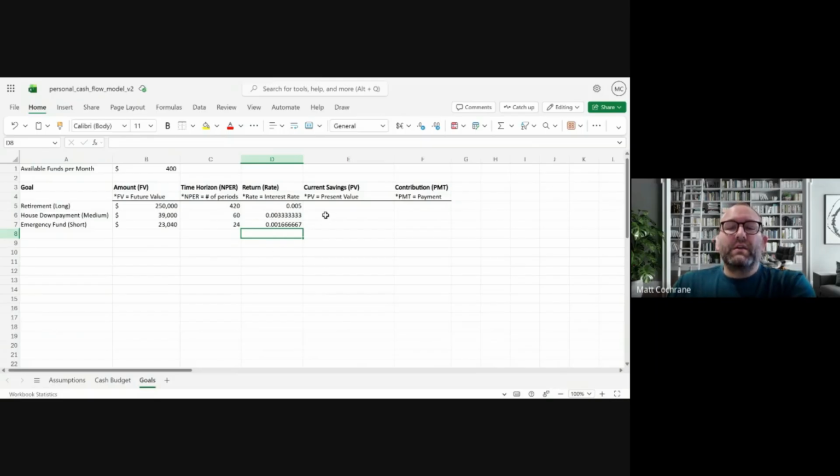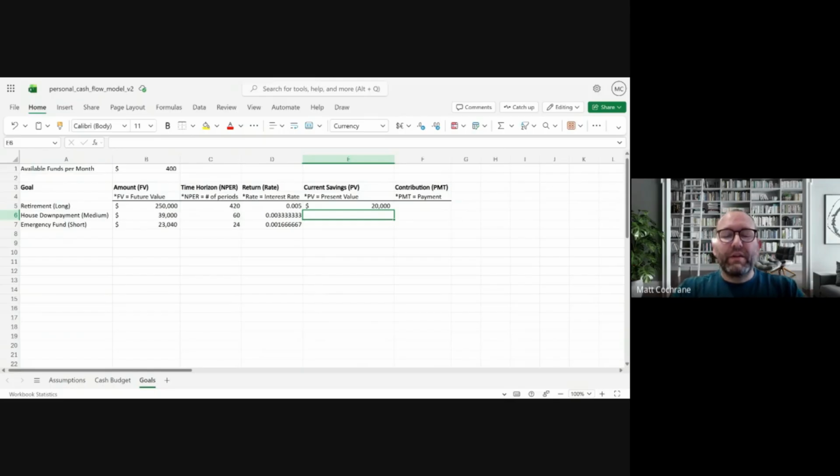Okay. Next, we want to establish whether we have any current savings already for this particular goal. Okay. And in the case of the retirement, let's say that we have already chipped away and we've already got 20,000. For the house down payment, let's say that there's 5 years, maybe we've already saved $200 a month for 1 year.